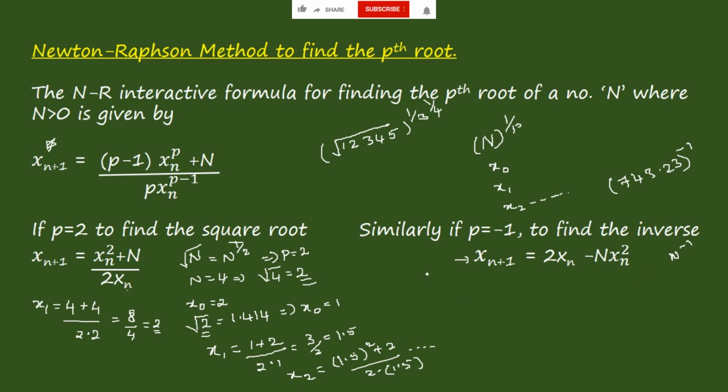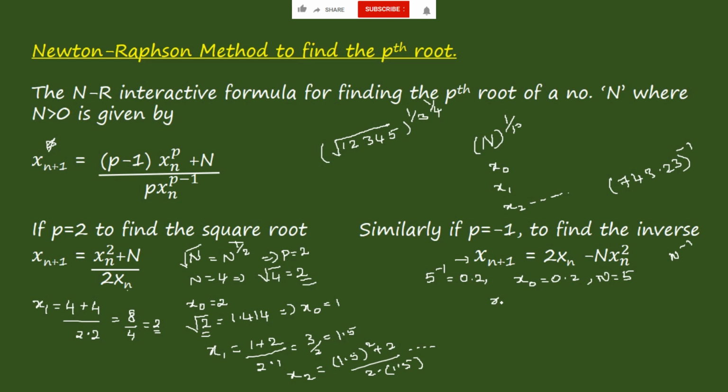For example, if you consider 5 inverse, here we know the value as 0.2, right? Now we'll be using this particular formula to find the 5 inverse. If you consider initial value as 0.2 only, x naught, and n is equal to 5.